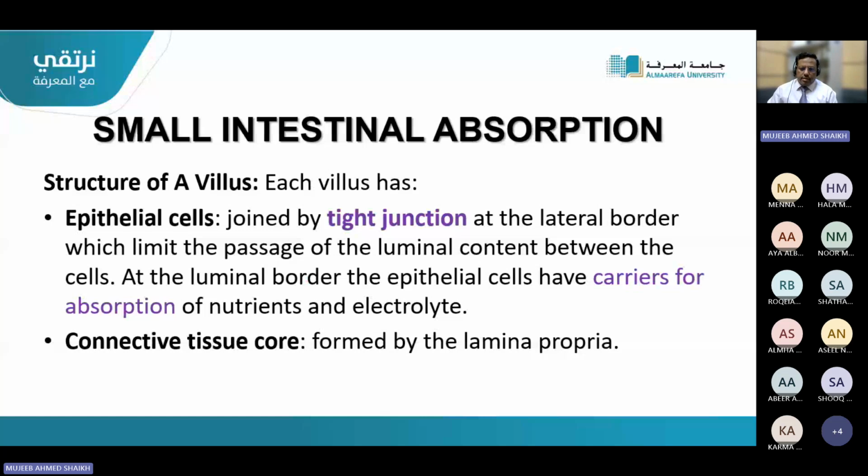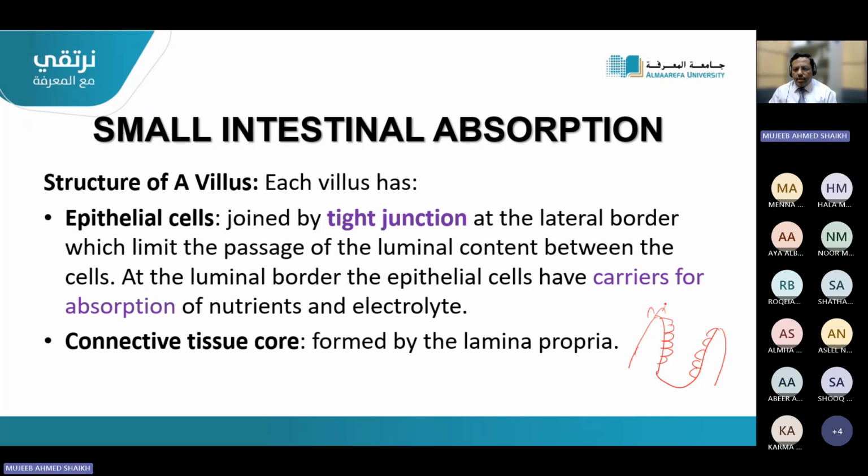If you look at the arrangement of the cells, suppose this is a villus. This is one villus, and over here the epithelial cells are located. Here is the second villus, and here are the epithelial cells located.